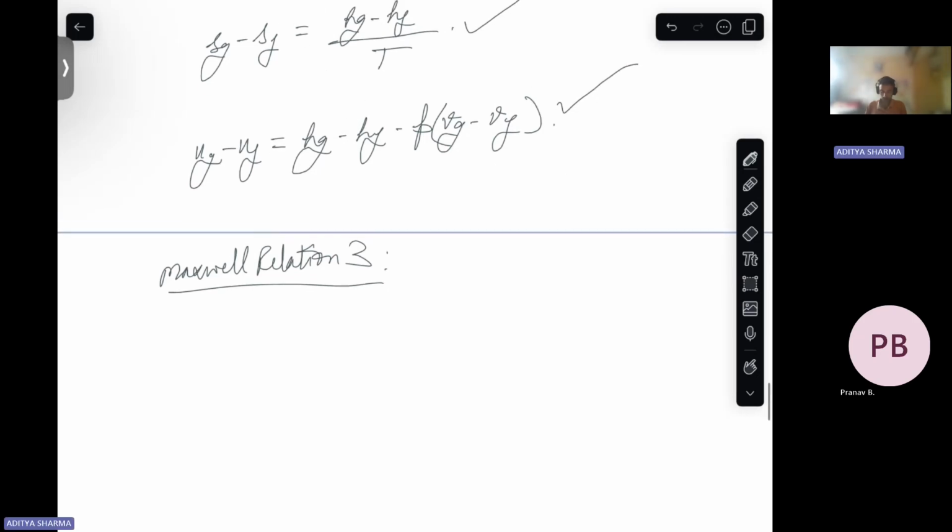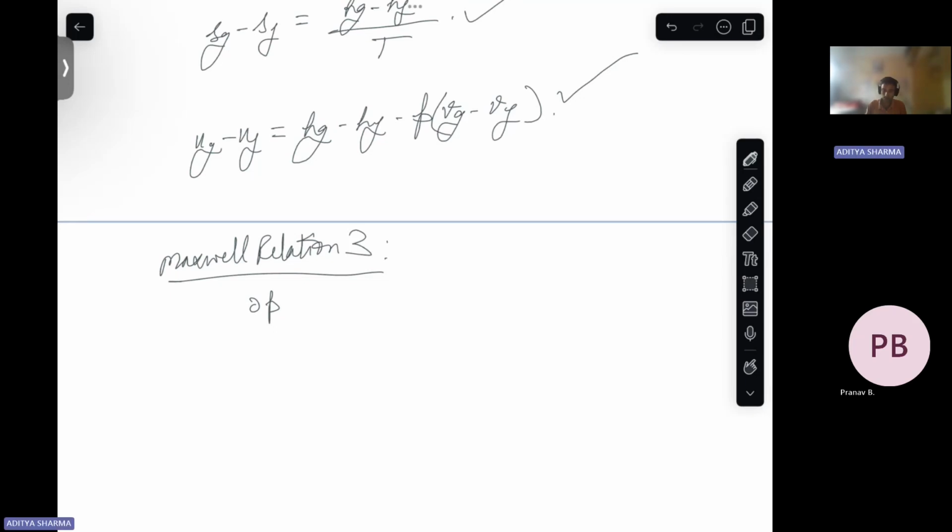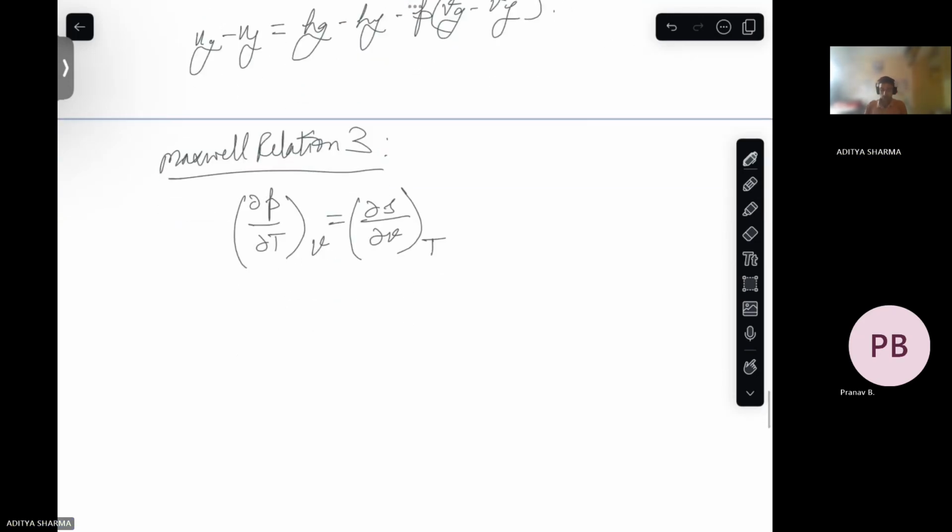Otherwise you can name these relations in any order, but because we derived this one third, I'm writing three. So this is dou P by dou T at constant volume equals dou S by dou V at constant temperature.